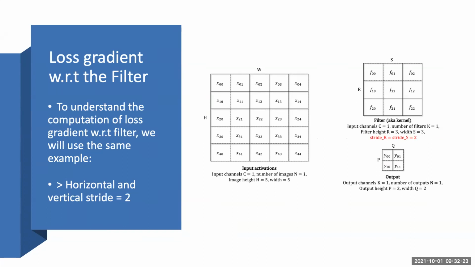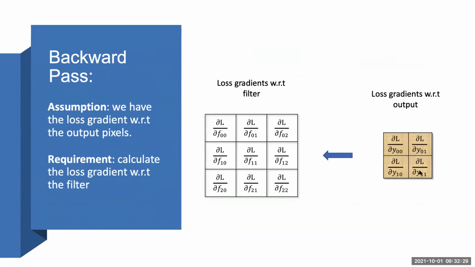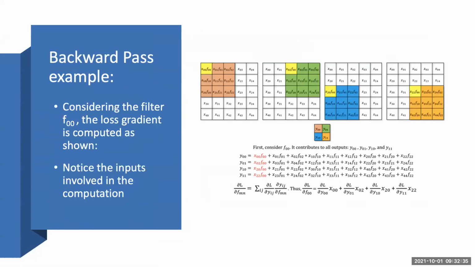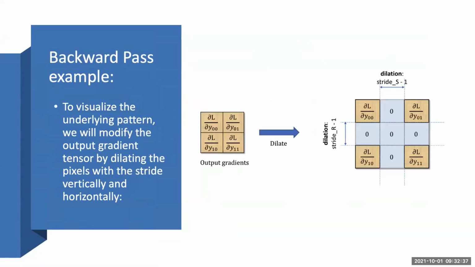Oh, okay, so this is the loss with respect to the filter. I thought I skipped this. I thought I omitted the slides in the presentation. So it's basically the same formula, but in this case, you would only dilate. You don't pad when you're trying to get your loss gradient with respect to the filter.